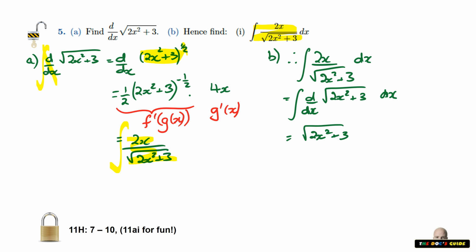So have a go at these questions in 11H, 7 to 10. Try 11A just for fun. But before you start your exercises, think about this. Out of all of that rigmarole that we've just looked at, what really was the big idea?